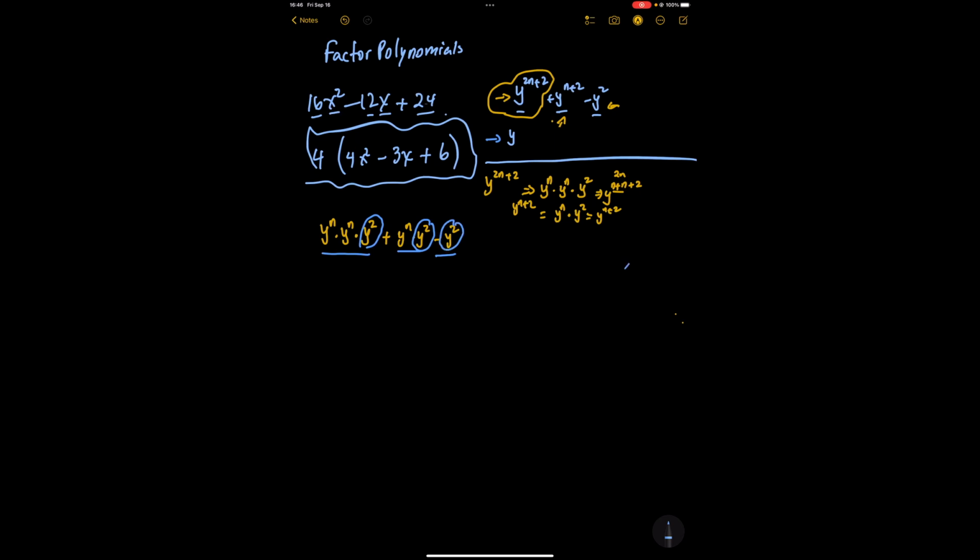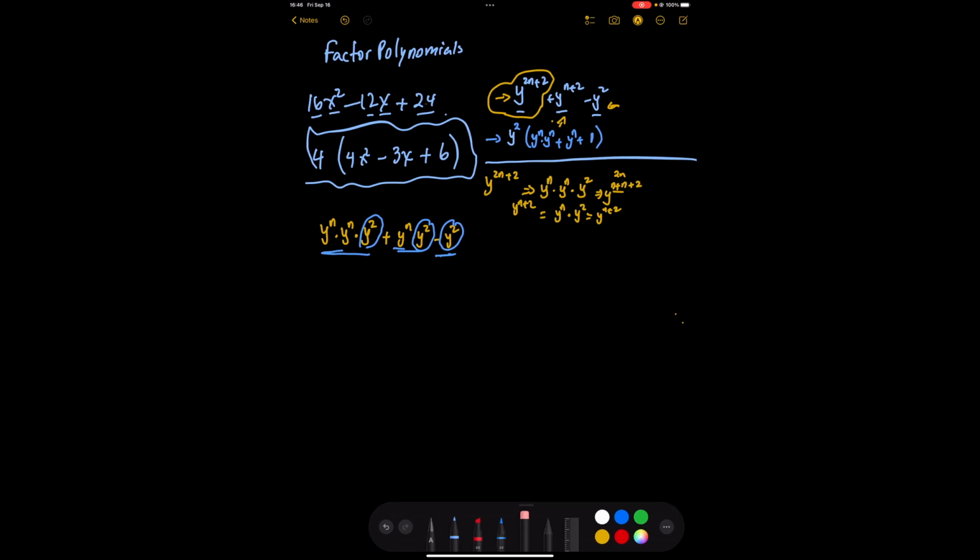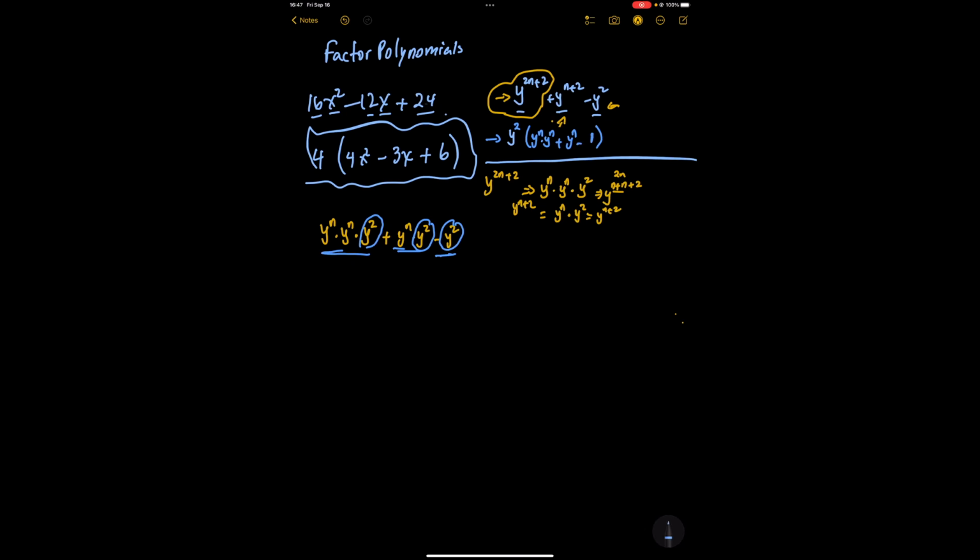So that means we can factor out y squared, which is going to leave us with y^n times y^n plus y^n plus, that's going to be 1. Oh, not plus, my bad. It's not a plus, it's actually minus 1.